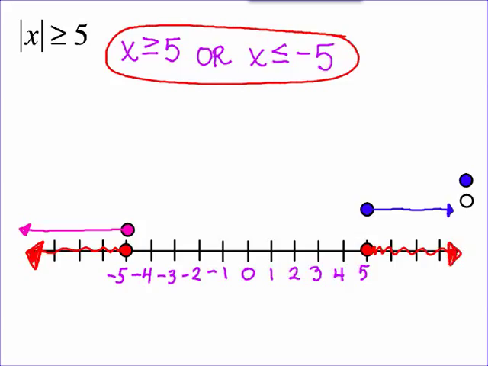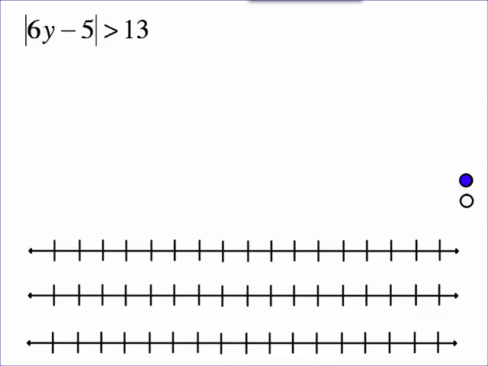Okay. Now, what you see up here on the board, I have the absolute value of 6y minus 5 is greater than 13. So, absolute value inequality. First statement, 6y minus 5 is greater than 13.